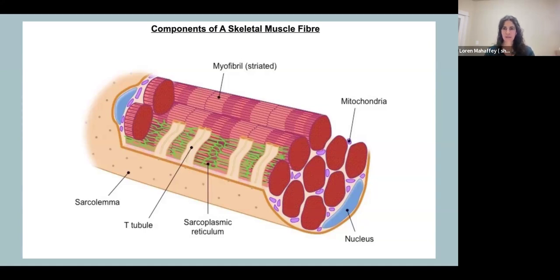Okay. And this molecule of ATP is the chemical energy that's needed to power all of the cell's biochemical reactions. So mitochondria are the energy production organelles.